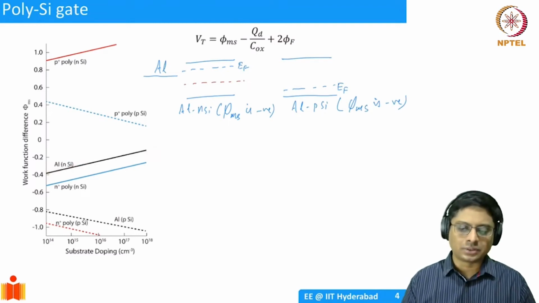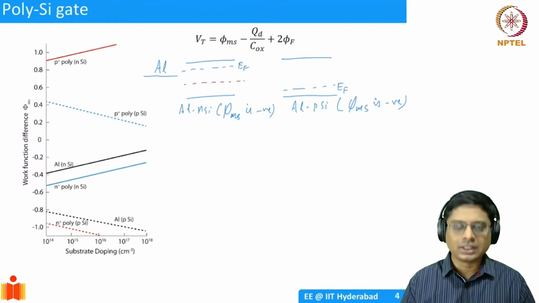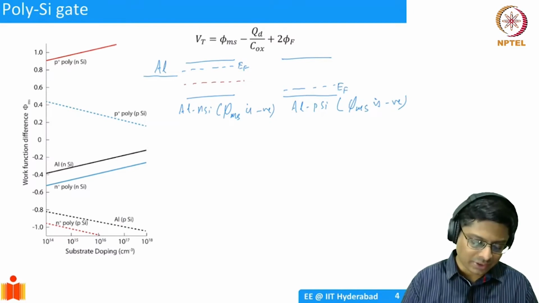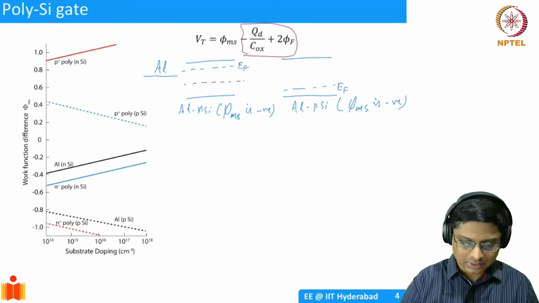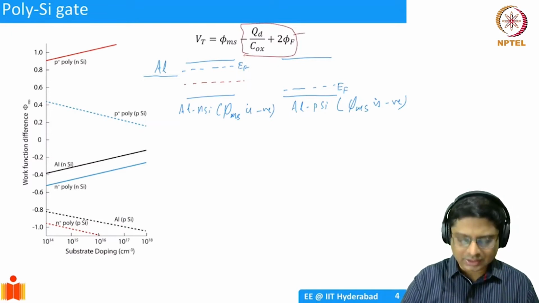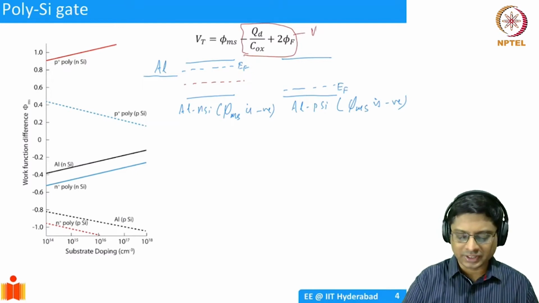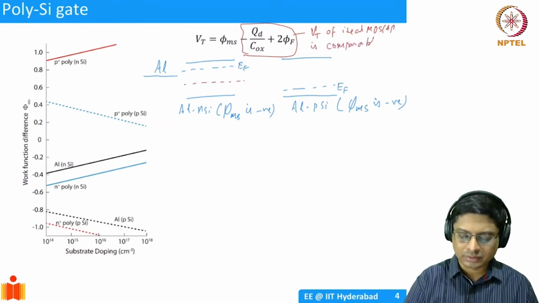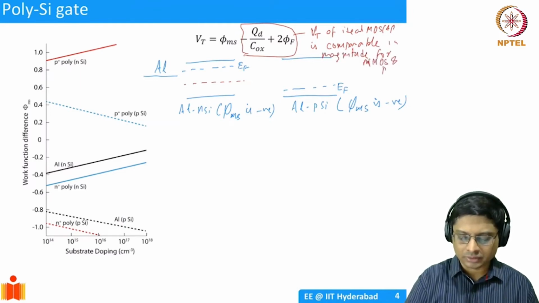So why is this important to us? One of the useful implications of an ideal MOS capacitor is that this quantity here is essentially VT of an ideal MOS cap, which is comparable in magnitude for NMOS and PMOS.